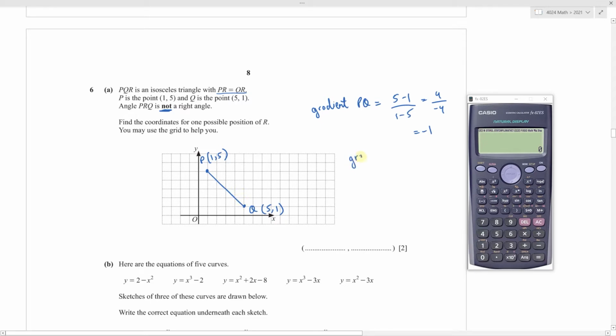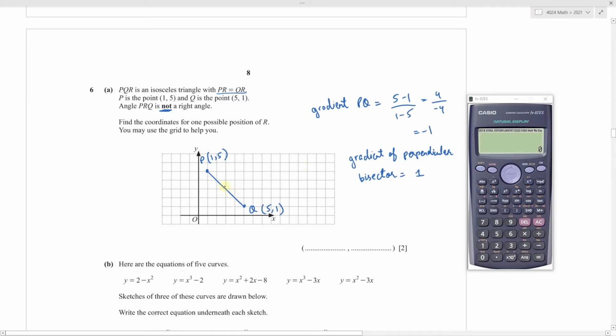So the gradient of the perpendicular bisector will be +1, because you know that the product of the gradients of two perpendicular lines is -1.